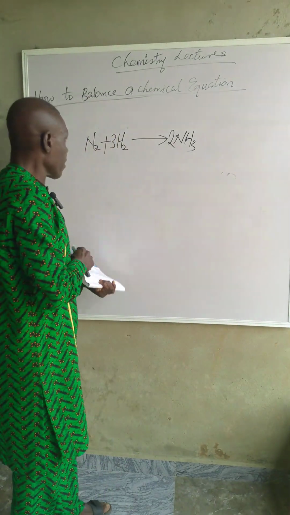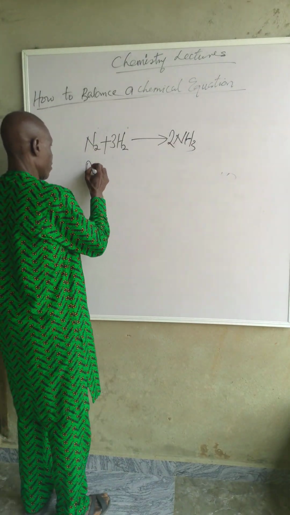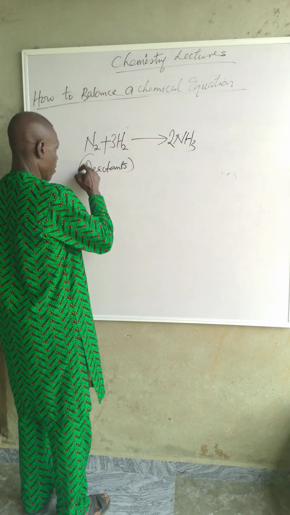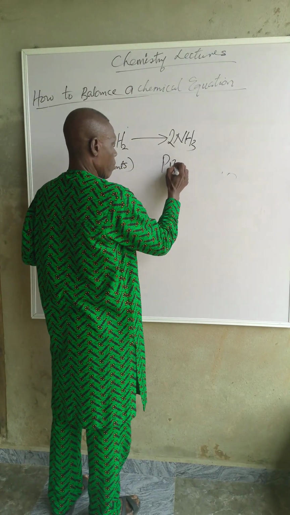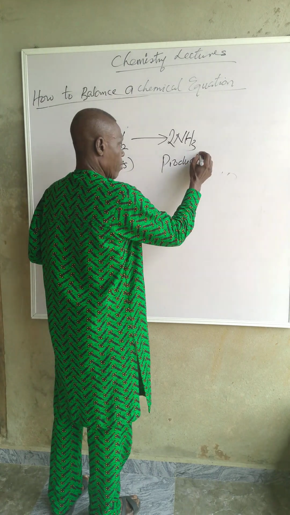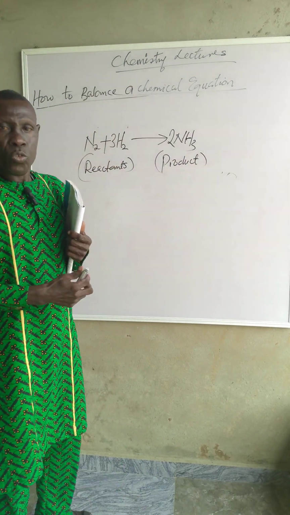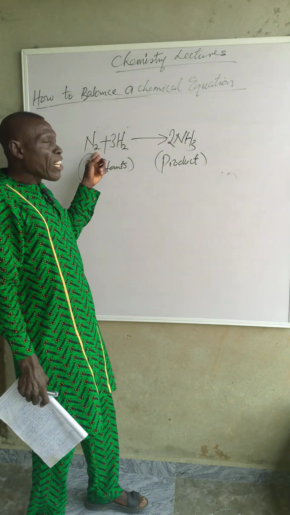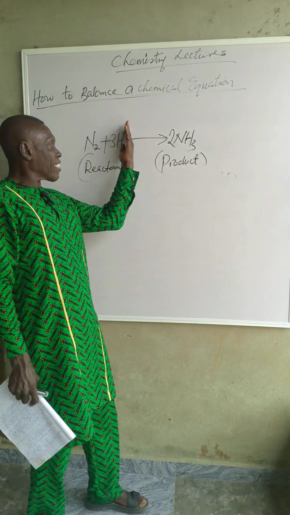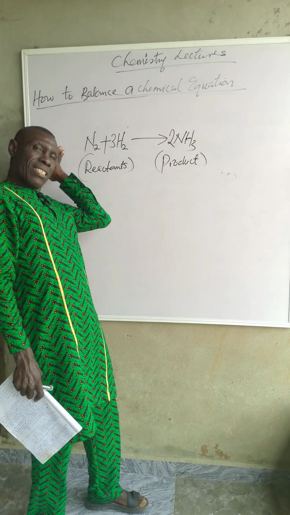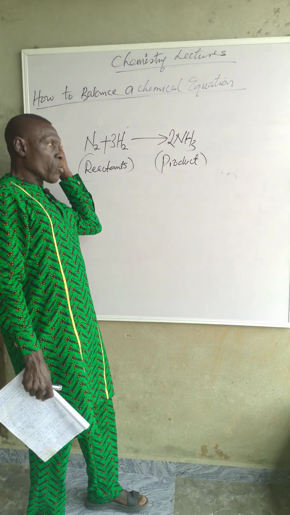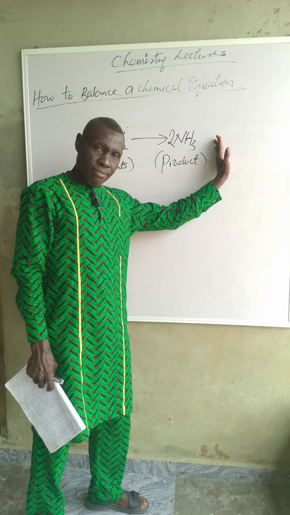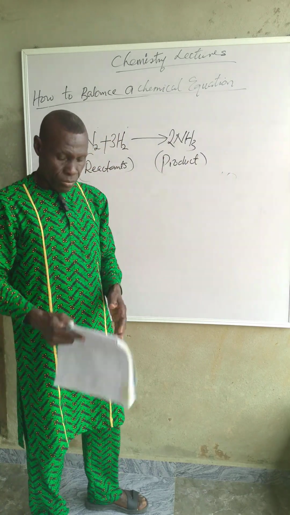This side is called the reactant, while this side is called the product. So balancing an equation is saying that the number of atoms of each element on the reactant side must be equal to the number of atoms of that same element at the product side. That is the meaning of balancing an equation.